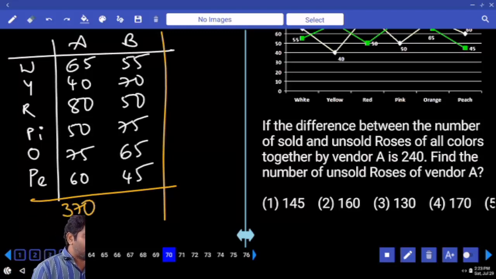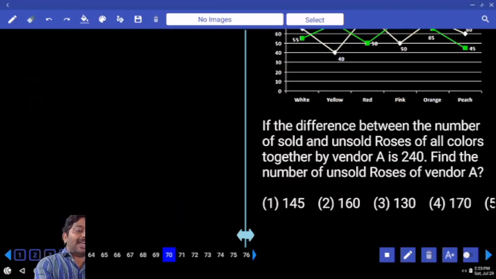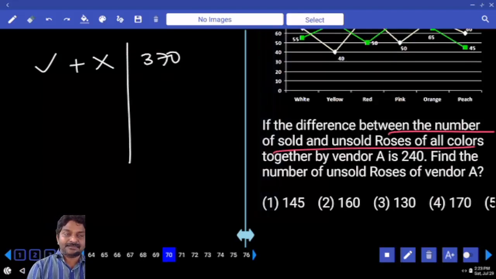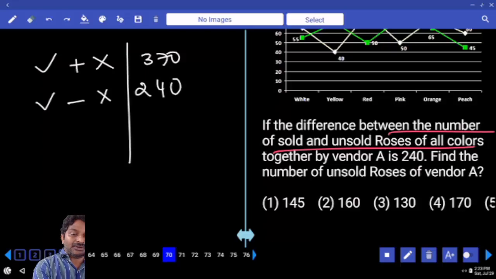We got the ratio. Do you remember? Now, what is 370? Total number of roses. That will have sold and then unsold only. Difference between sold and unsold is 240.